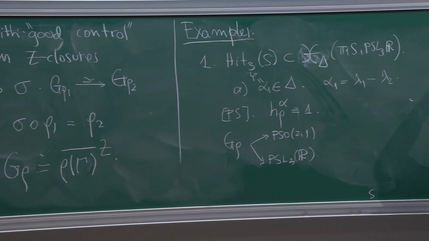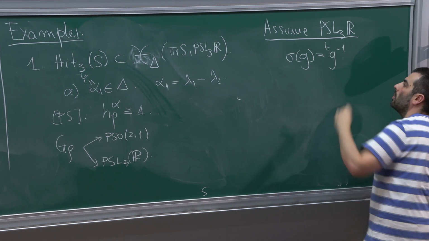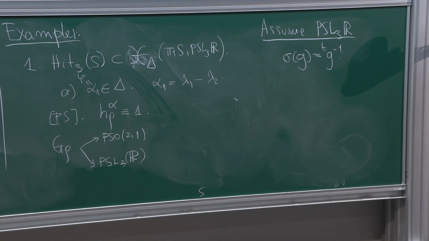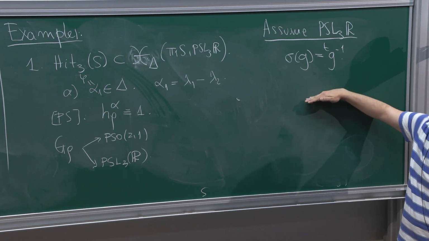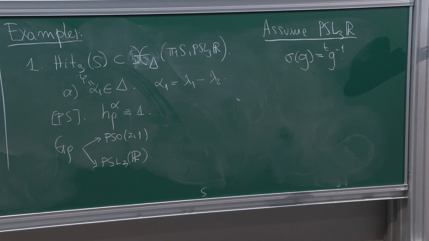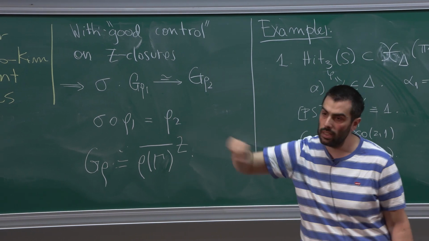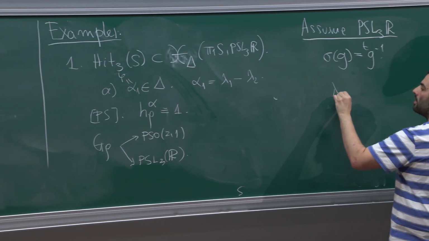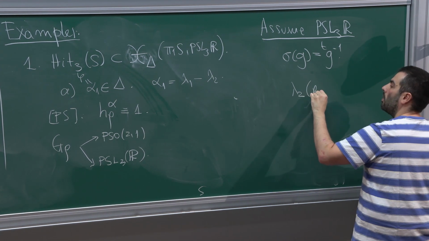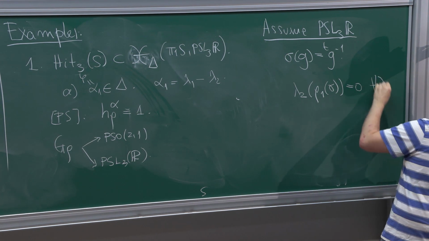It could happen this. The automorphism group of PSL3R is generated by the identity, the inner ones, and this one. But you see that if this were the case, if you plug in the fact that you are assuming the lengths are the same, you would obtain, by a small computation, that lambda 2 of, say, rho 1 gamma has to be 0 for some gamma.